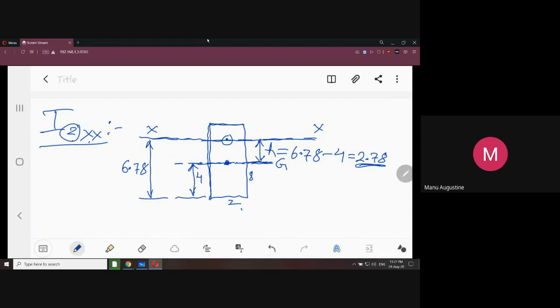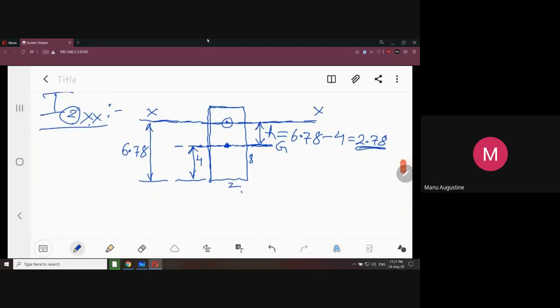So now we have all the required items in our hands. So according to parallel axis theorem, I2XX will be equal to I2G. That means moment of inertia of the second area about G axis plus area of the second area multiplied by the square of distance between the two parallel axes.